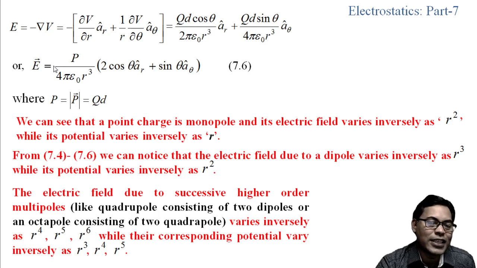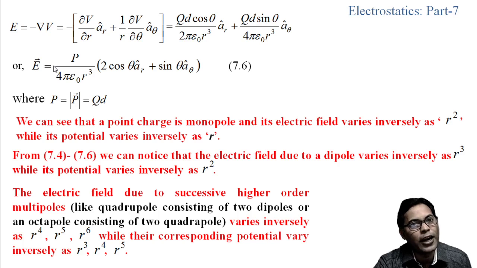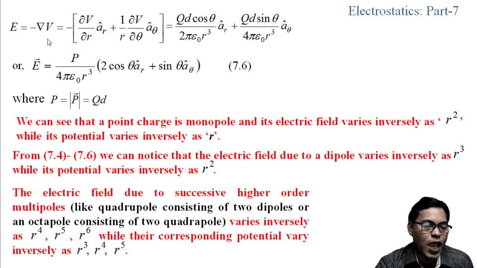So we can see that if we calculate the potential at the observation point due to the dipole, we can easily find out the electric field intensity at that point using the relationship E equals to minus grad V. Now from this calculation 7.5, or from the understanding of this topic, what conclusion can we make is written here point by point.